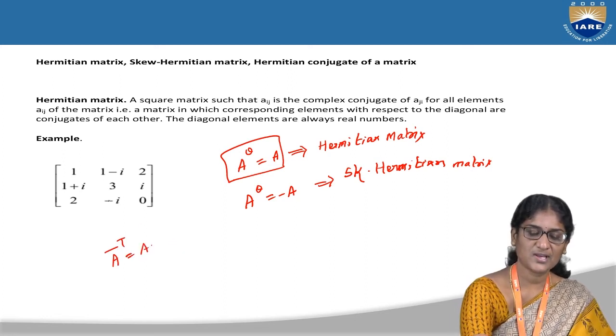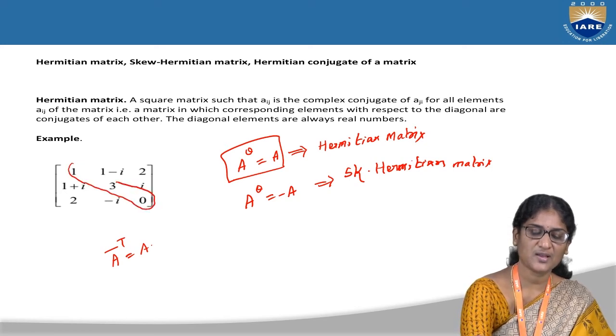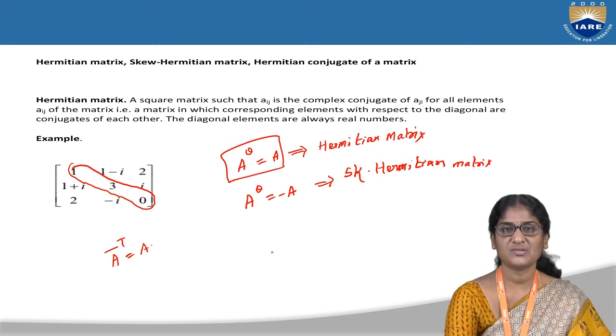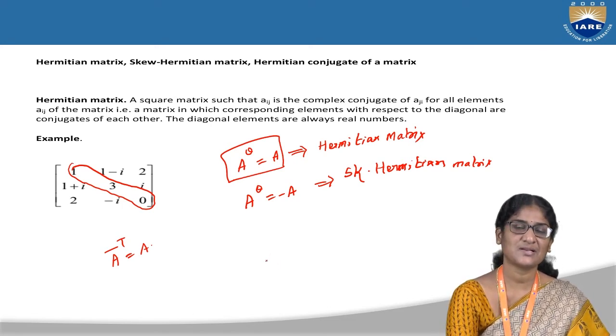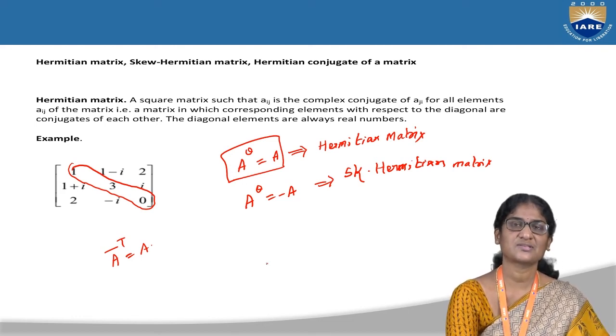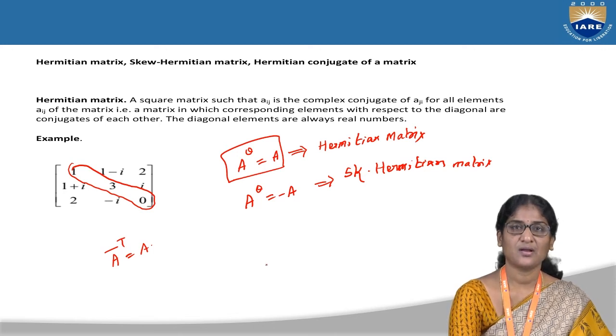Now you can observe that the diagonal elements of a Hermitian matrix are always real numbers. As we said for skew-symmetric matrices the diagonal elements are zeros, here also we have a special characteristic: the diagonal elements are all real numbers.